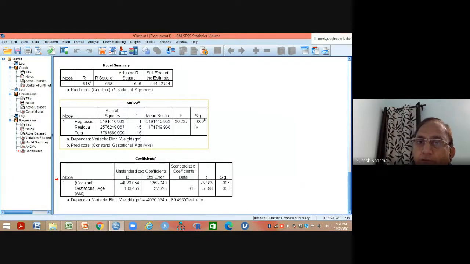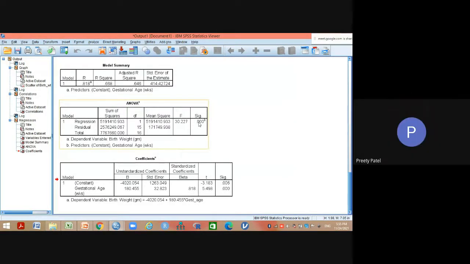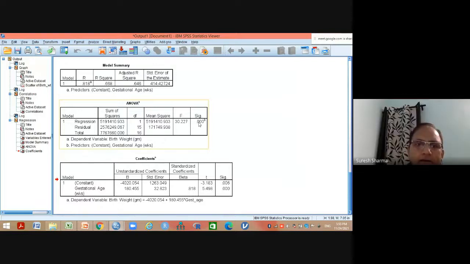So the ANOVA table value must be significant. If somehow this is coming out to be non-significant, you cannot apply this model, because y doesn't depend upon x then, because beta 1 will be 0. You follow my point? Yes or no? Yes, sir.